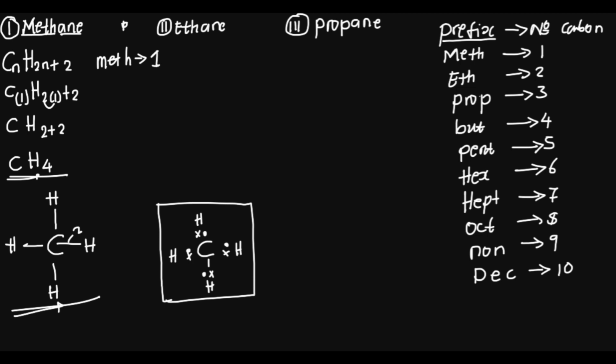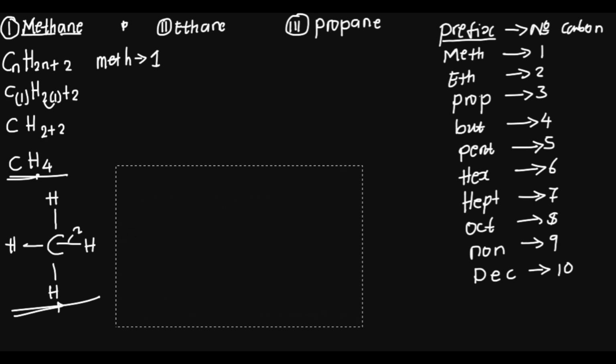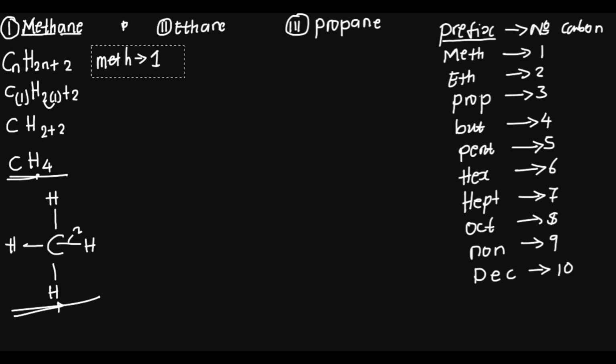Okay, now away from there, let's move on to question Roman numeral 2. For Roman numeral 2, we'll begin with the molecular formula for ethane, then later on we'll look at the structure. So let's first write the general formula.